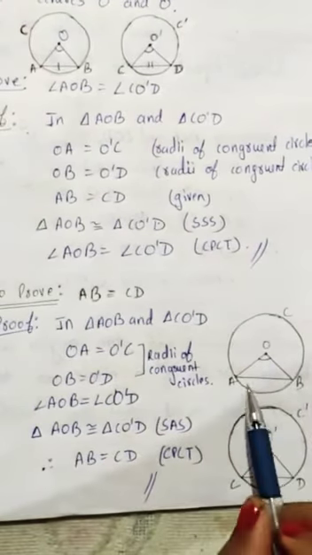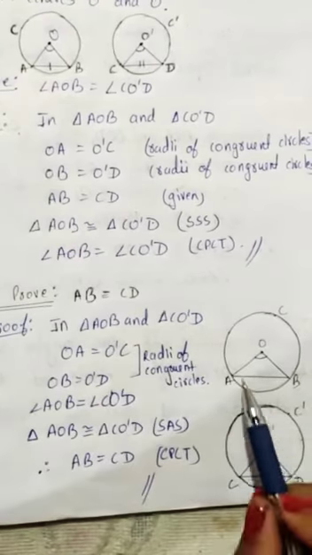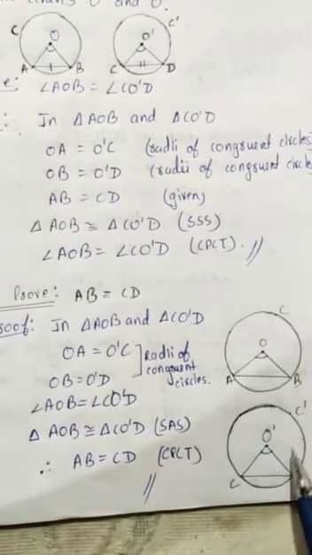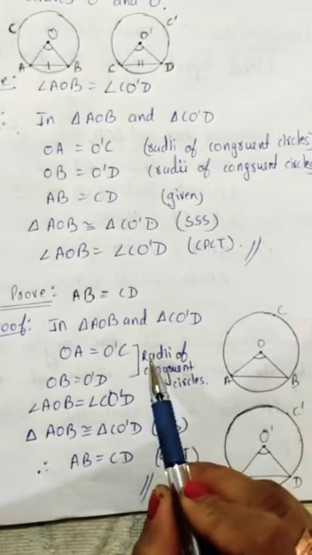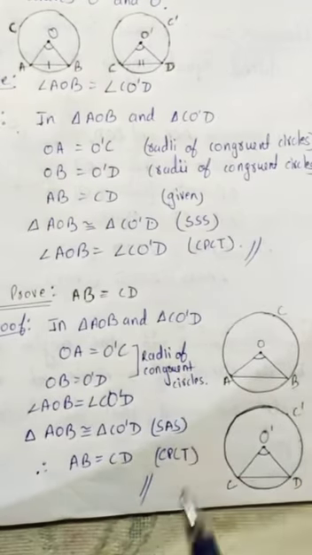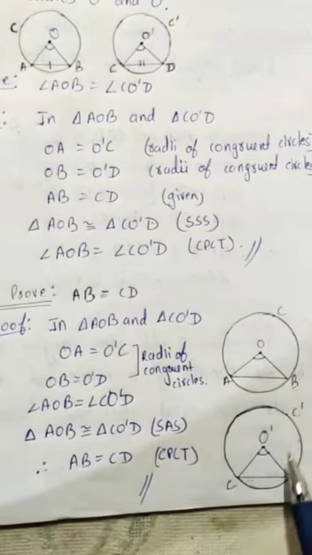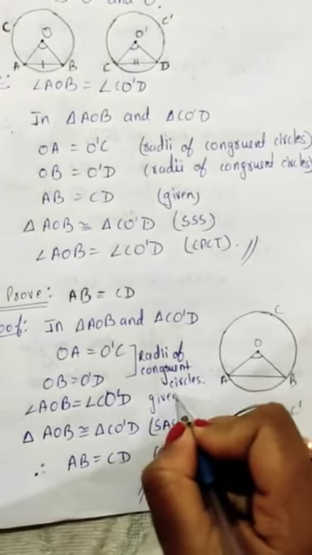So in triangle AOB and triangle CO'D, in these two triangles again AO is equal to OC and OB is equal to O'D. The reason for this will be radii of congruent circles. Then angle AOB is equal to angle CO'D because this is given to you in the question.